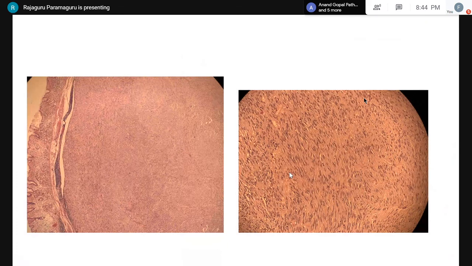spindle cells over here. Because this is the last case and the last slide from me, any diagnosis from the audience? Let us wait a half a minute for the YouTube people to see and respond.